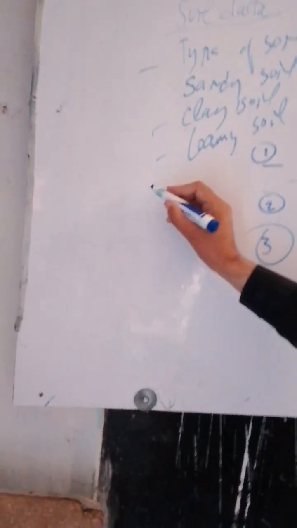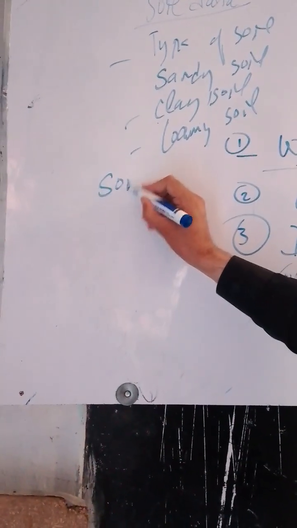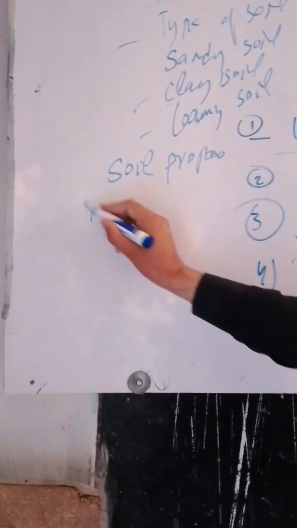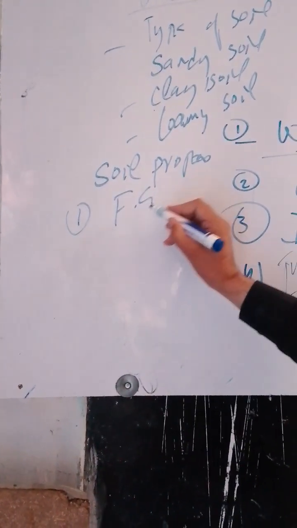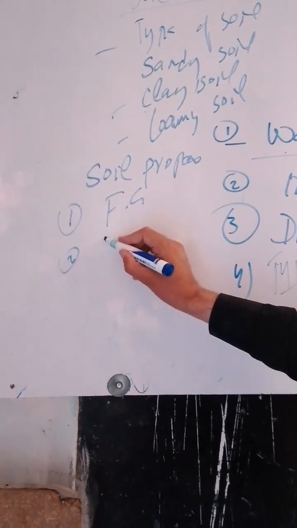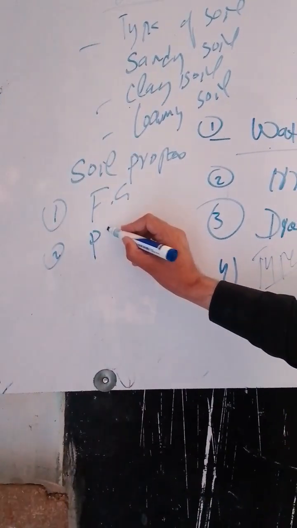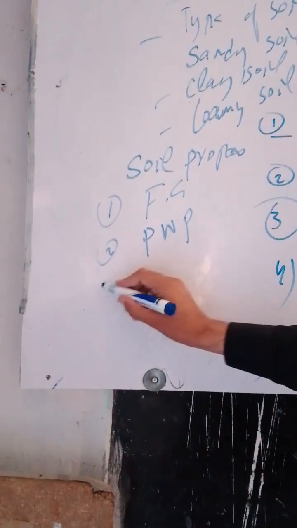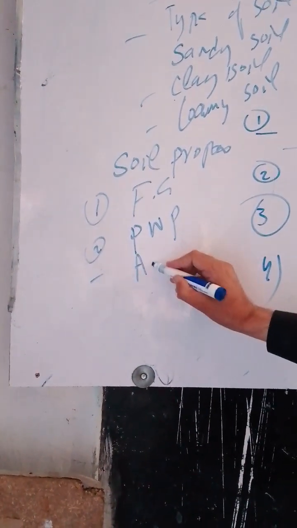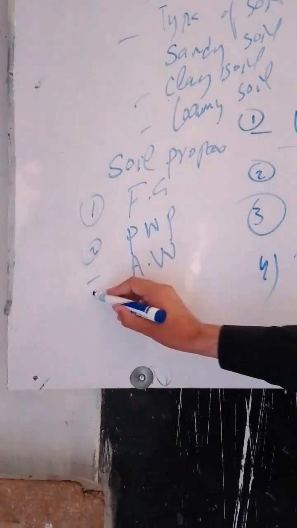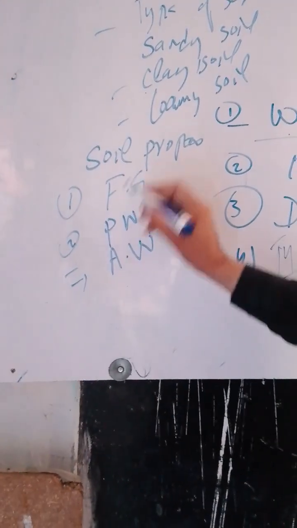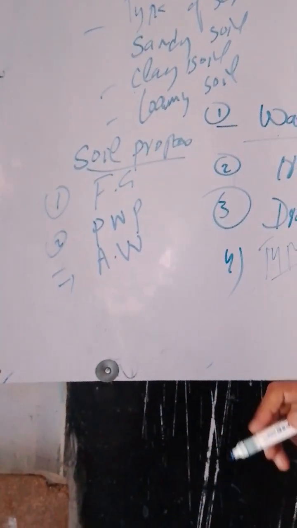We also need the soil properties like field capacity, wilting point, permanent wilting point, and available water.